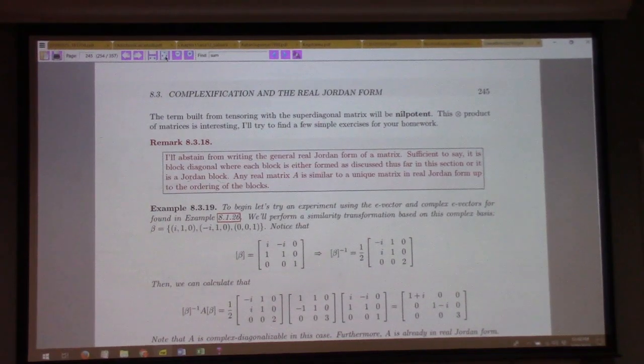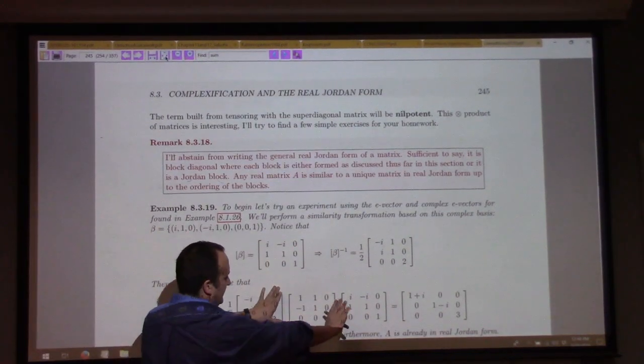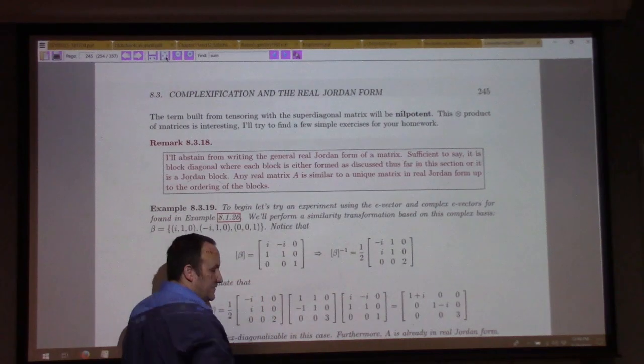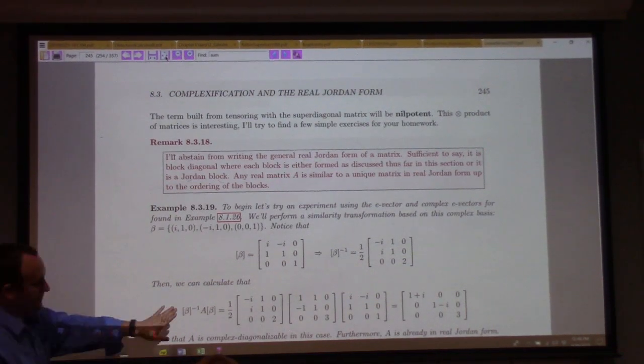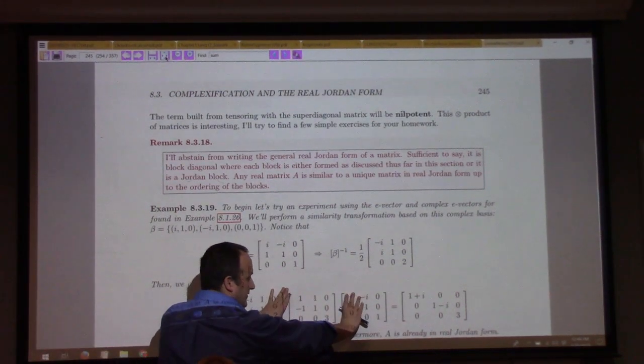That matrix had only one real eigenvalue. The real eigenvalue was 3. The complex eigenvalue of this matrix in the middle is 1 plus i. How do I know that? I can see it by inspection, because this matrix is already in real Jordan form.